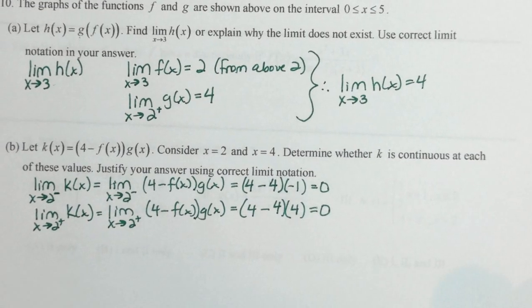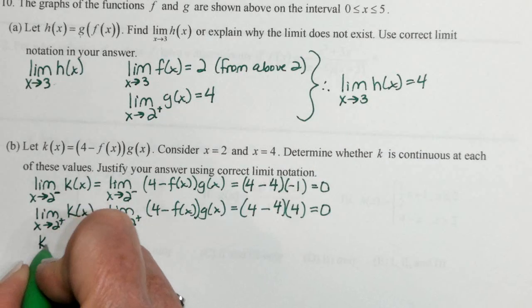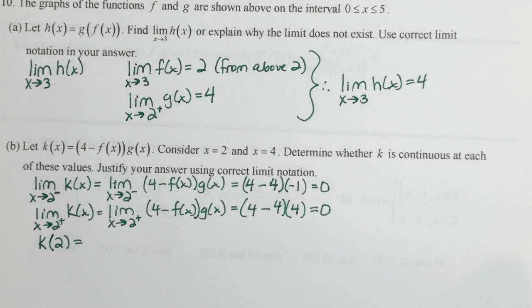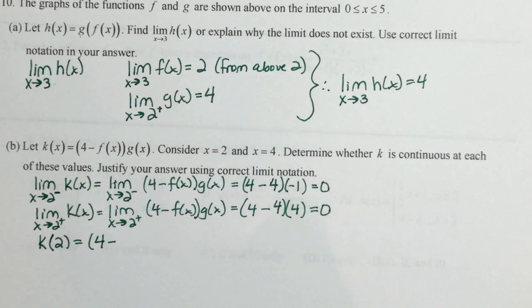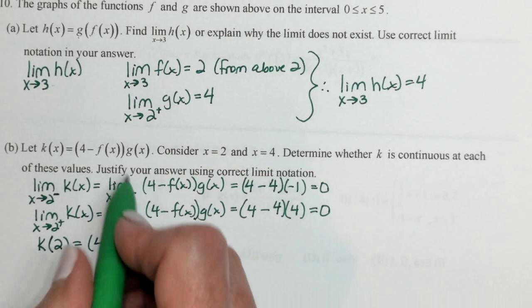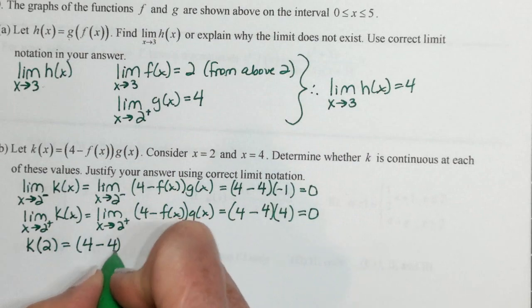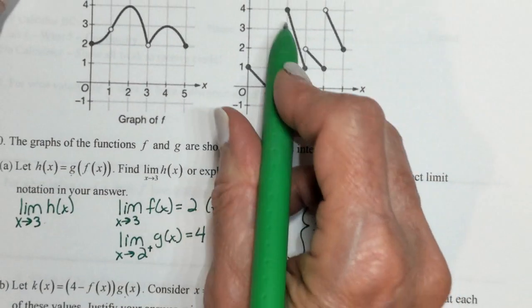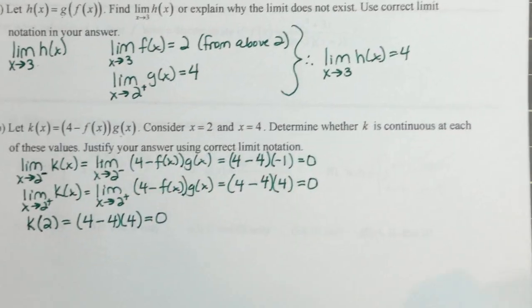That is still 0. So now we need to find exactly what is k at 2. Well, k at 2 will be 4 minus, okay, what is f at 2? F at 2 is 4. What is g at 2? G at 2 is 4. So this is 0.